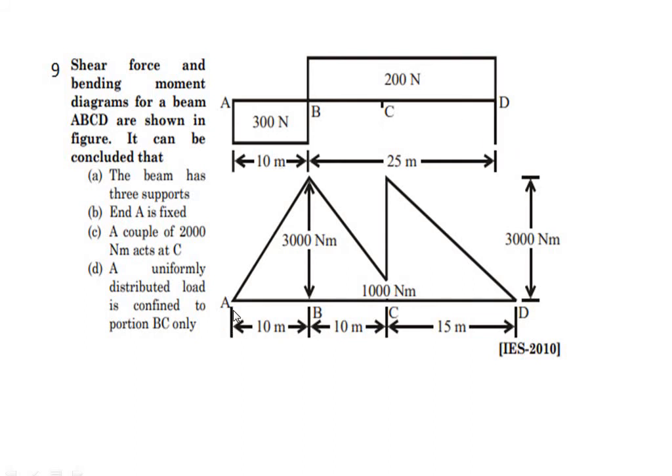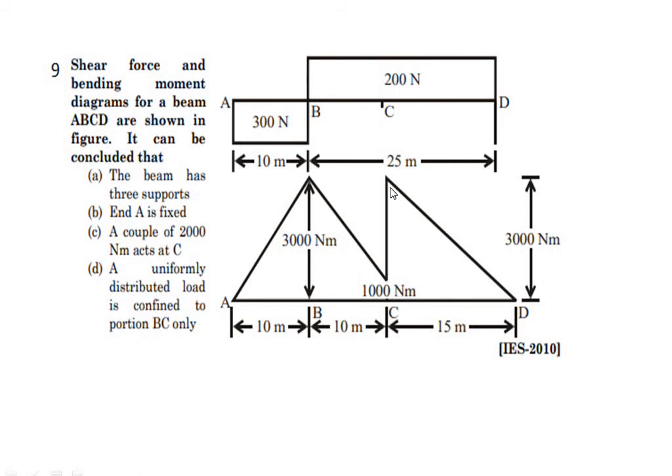Now let's have a look into the bending moment diagram. In the bending moment diagram, there is a slanting variation, right? And then again a slanting variation representing the reaction here, and then a couple, and again it is slanting here due to the reactions and coming back to the point. It seems to be right, but here there is no other spike in the loading due to any external force, right?